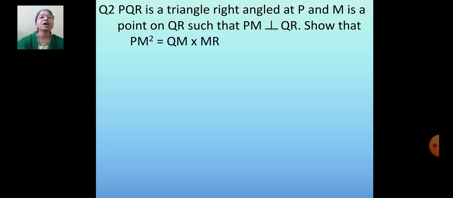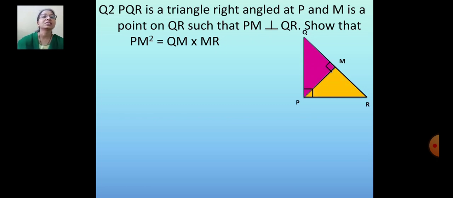Triangle PQR is right angled at P and M is a point on side QR such that PM is perpendicular to QR. Show that PM square is equal to QM into MR. This property is also known as geometric mean property.